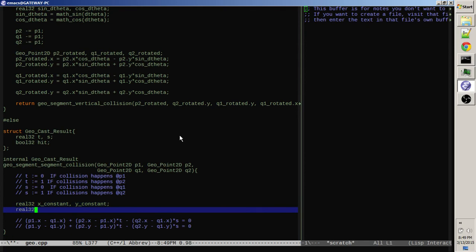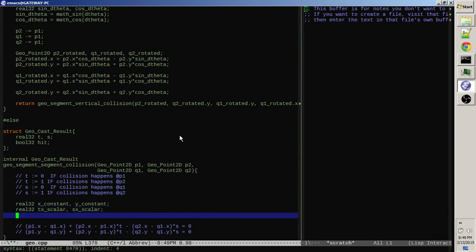And then we also are going to have the tx scalar and the sx scalar, and then we're going to have the ty scalar, or this should be coefficient, that's a better word, coefficient. Might be spelling that wrong.